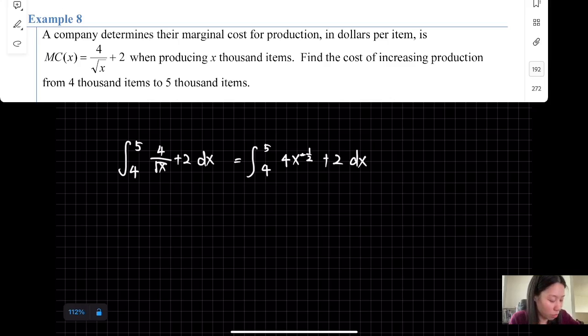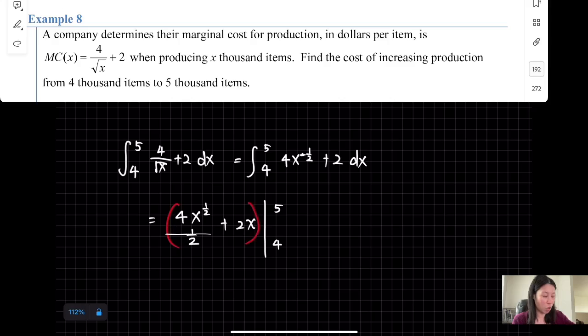And then when we find the antiderivative, I have 4 times x to the negative 1/2, I need to add 1, so that gives me 1/2. And then I need to divide by 1/2, plus 2 times x, plus c. We talked about that. We don't need to worry about c when we calculate the definite integral.